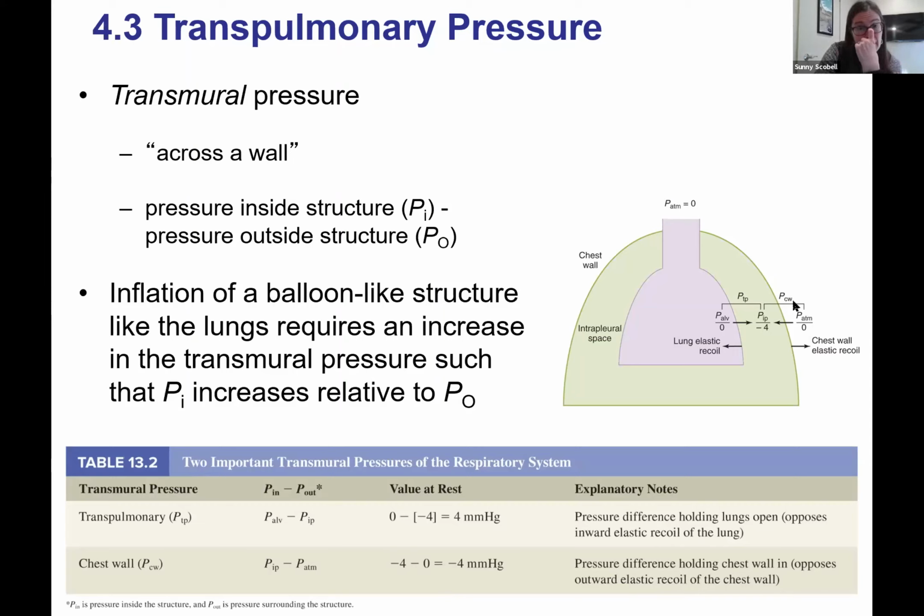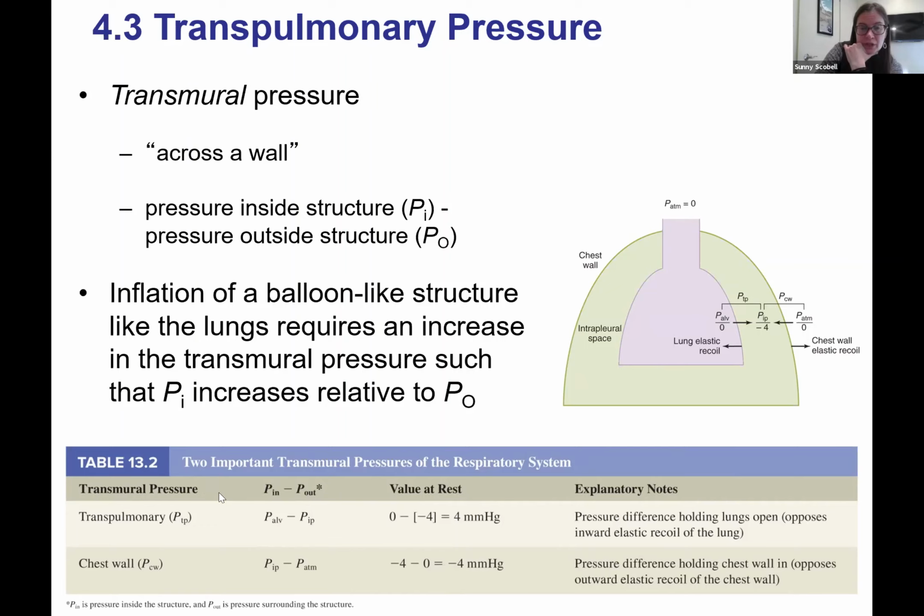And so you can actually calculate the difference across the chest wall by having the intrapleural pressure minus the atmospheric pressure. And as we were saying, you can get the transpulmonary pressure by going with the pressure inside the alveolus minus the intrapleural pressure, okay? So here are those equations down here.